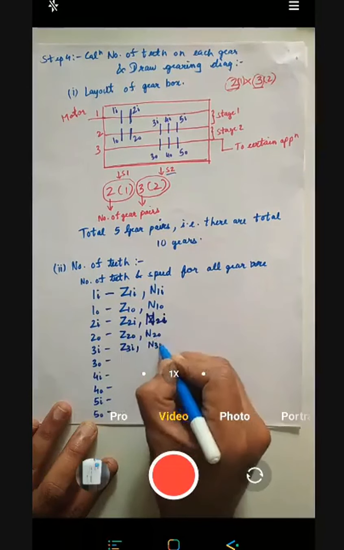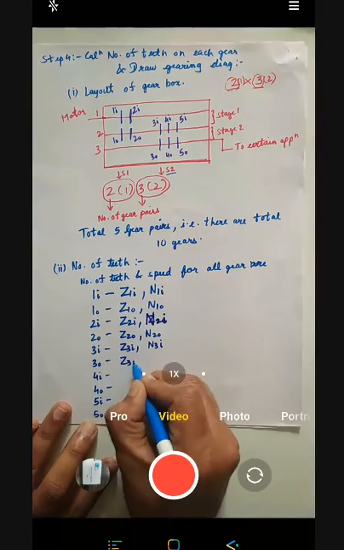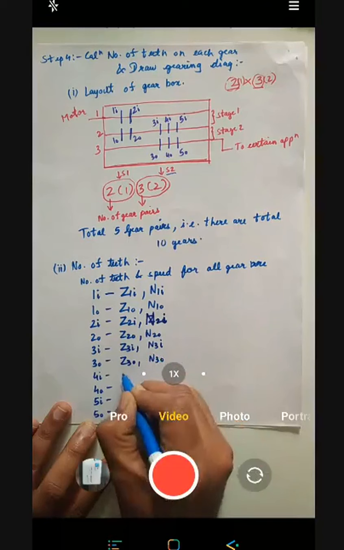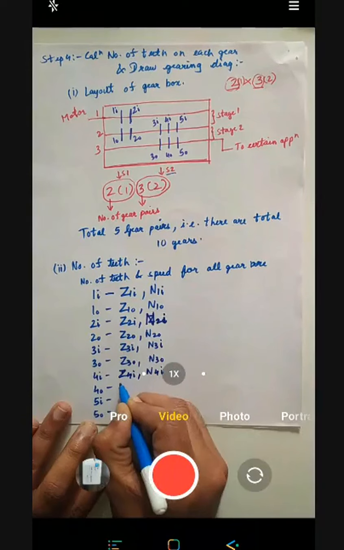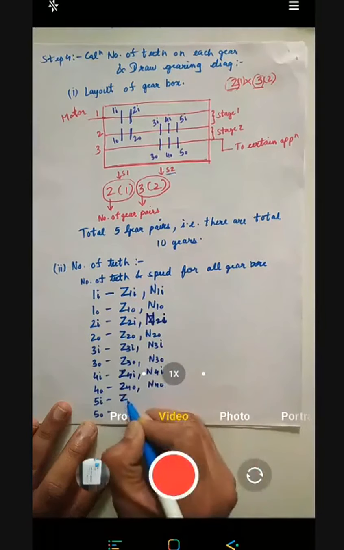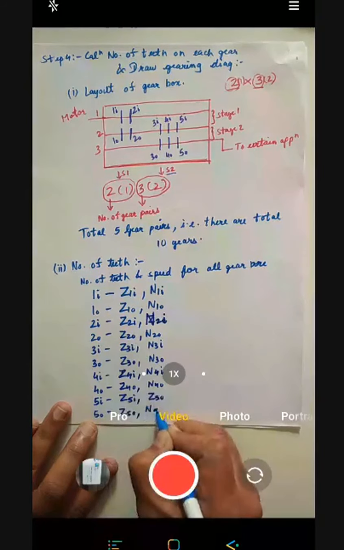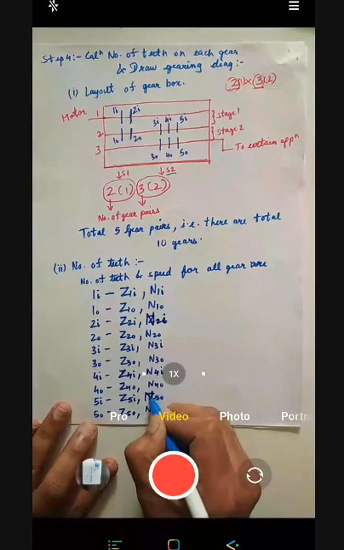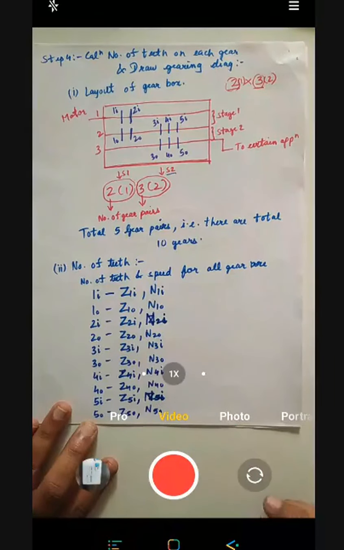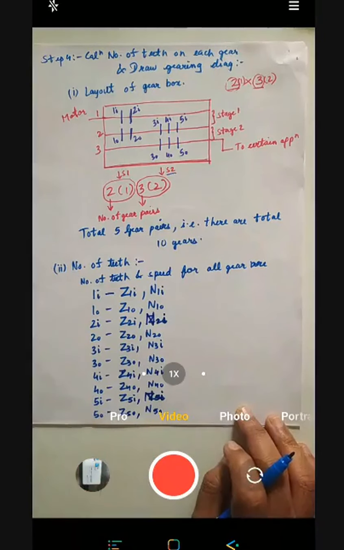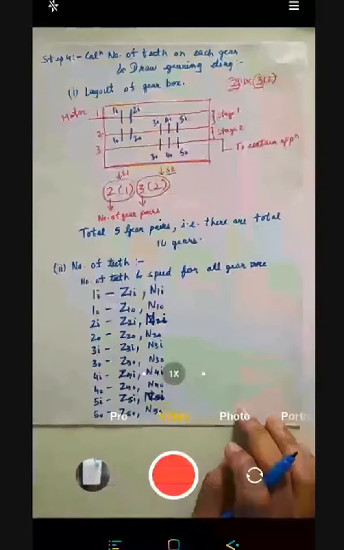Z3I, N3I, Z3O, N3O, Z4I, N4I. Okay, so these are the nomenclature that we will follow.